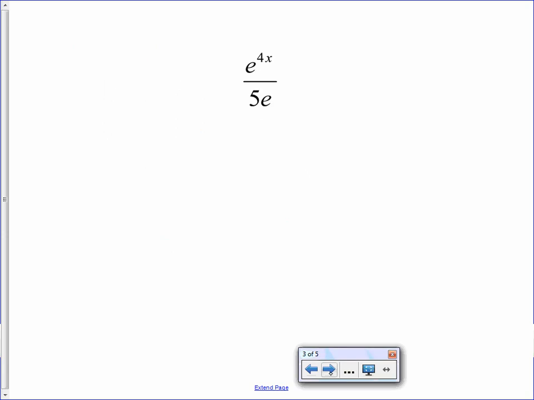This is kind of a special case, so I put it on its own slide. If you try to simplify the coefficients here, well, we just have a 1 and a 5. So our final answer is still going to have a 1 over a 5 in it. The question is, what's going to happen to those e's? How are we going to combine those e's? Well, just like the example we did on the previous slide, you have to subtract your top exponent minus your bottom exponent.